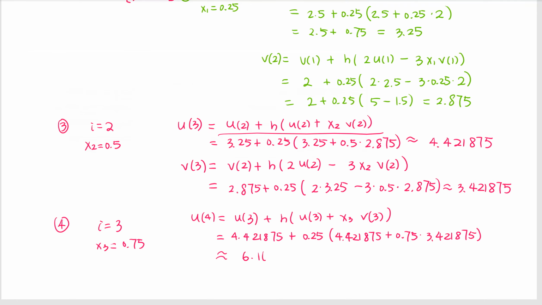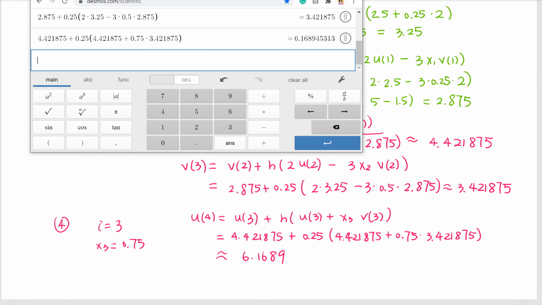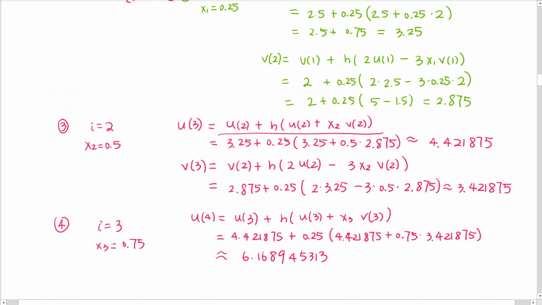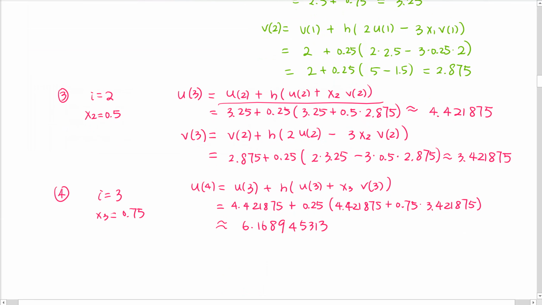So 6.1689 and then we have 45313. Sometimes in this calculation, you can keep 5 decimal places. Okay.